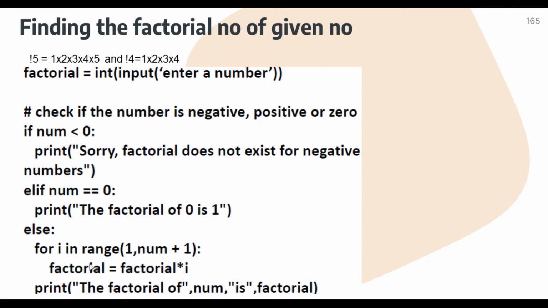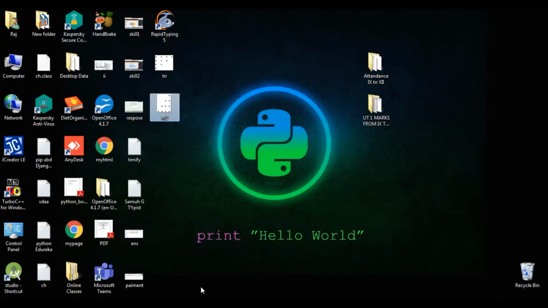This loop will calculate the factorial again and again till num plus 1, and when the loop terminates, the final answer will print: the factorial of num is the factorial, whatever num is given here.